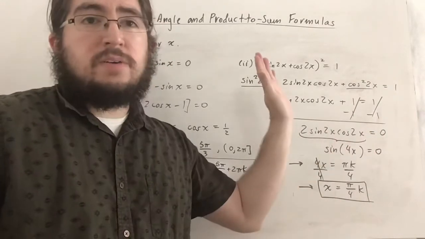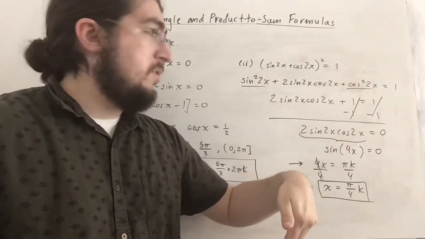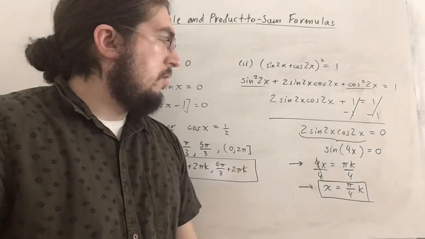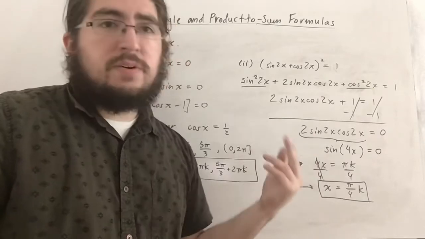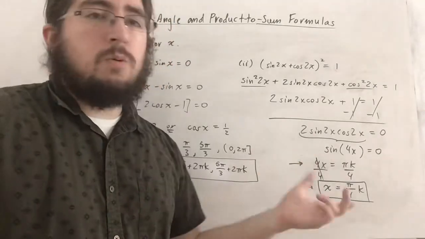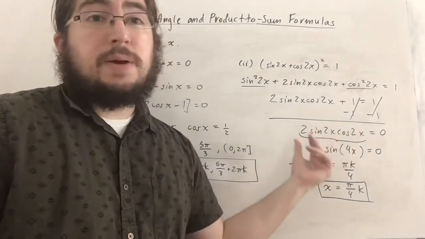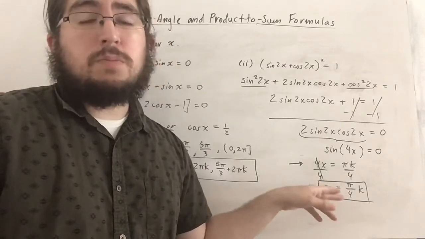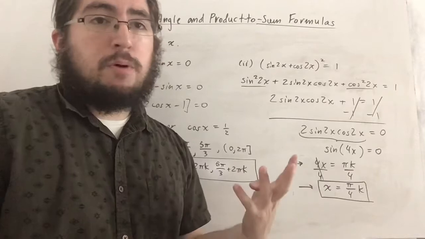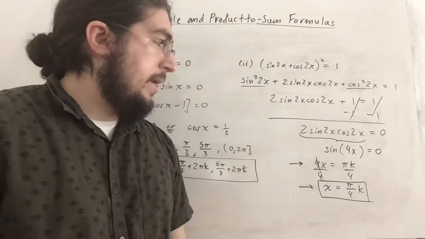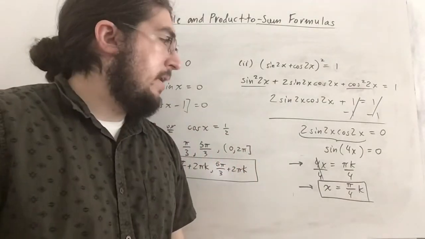So cosine of pi over 2 is 0, and cosine of 3 pi over 2 is 0 as well. So that means 2x is either 0, pi, pi over 2, or 3 pi over 2 in one rotation. But if you divide by 2, then you get exactly the multiples of pi over 4. Pi over 4, 2 pi over 4, 3 pi over 4, 4 pi over 4, which is back to pi, and then it goes on like that.